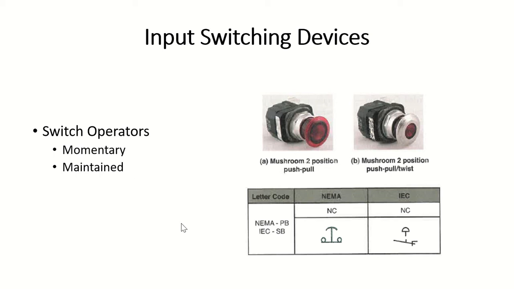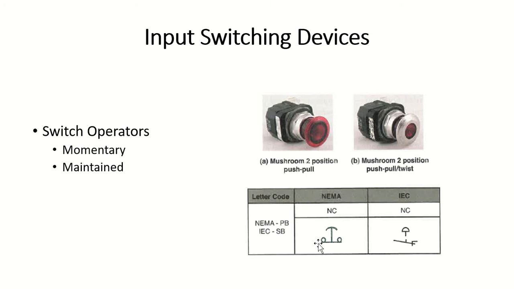This slide's also showing a mushroom style push button. We're going to talk about the different types here in a minute, but I wanted to point out the NEMA symbol for a mushroom style push button. Normally closed, the poles are resting on the bottom side of these terminals here.